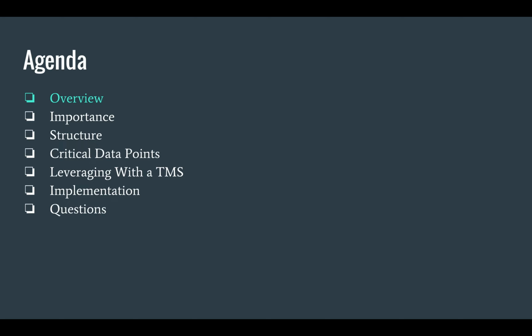So what does every site need to make sure that they have contained within there to really be able to leverage and use that. We'll talk about leveraging the data layer with a tag management system, which is critical. And then also get into a little bit of the information for implementation, just base level for what that looks like, and then we'll wrap up with a few questions.